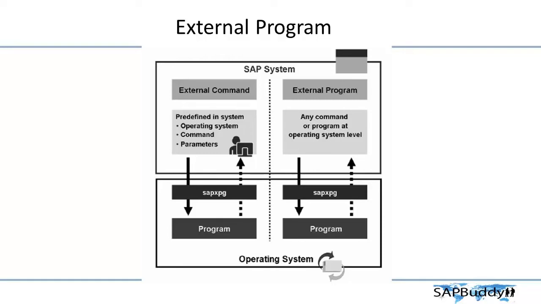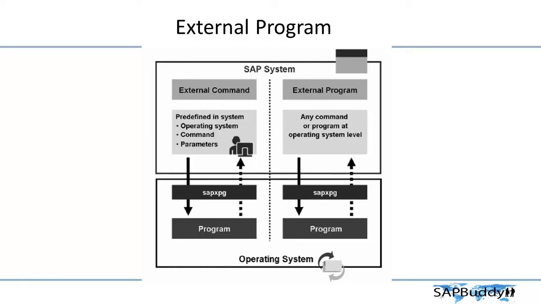SAP XPG is the program which is called by both methods to run the external command or external program. If you go to MS-DOS, the command as well as the program in the DOS prompt is almost the same. Okay, for the operating system it's almost the same. The execution method is the same, so it will use the same program to execute both.